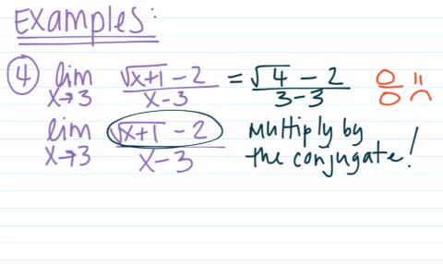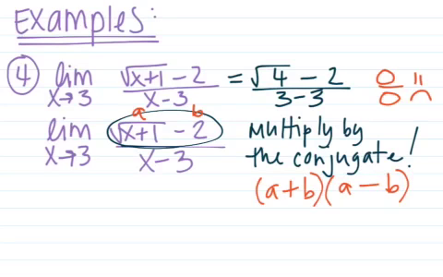And just remember that the conjugate means that you keep those same two terms, but change the sign in between. And so a common example you see in math class is you take two terms, like an A and a B. In our case, A and B are a little bit more complicated looking. And you multiply by the conjugate, which means you keep those same two terms but put the opposite sign between them, whatever that may be. So in our case, we'll actually be using a positive to be the opposite of the subtract sign.